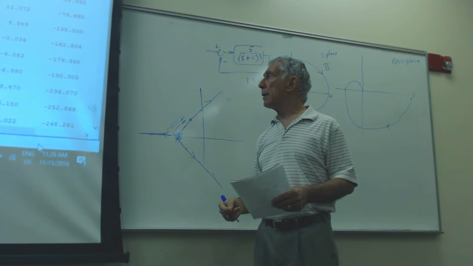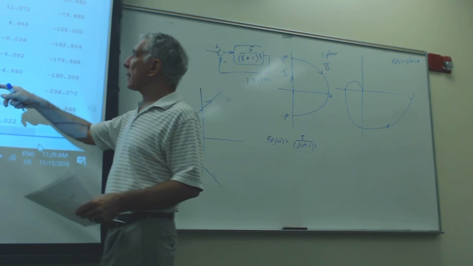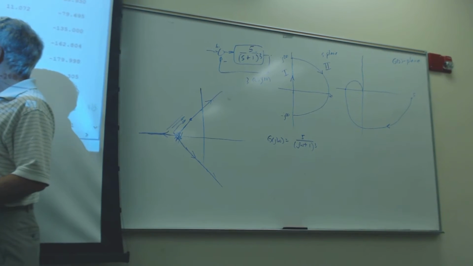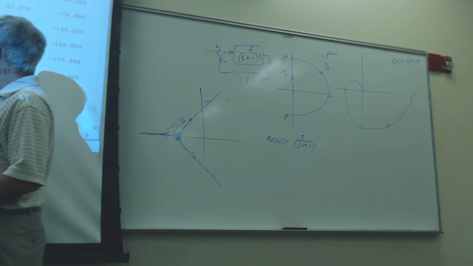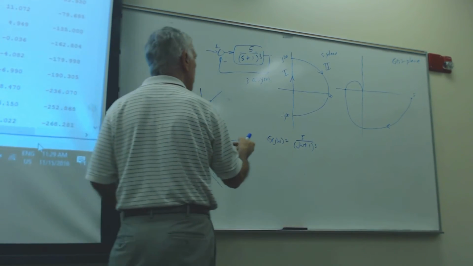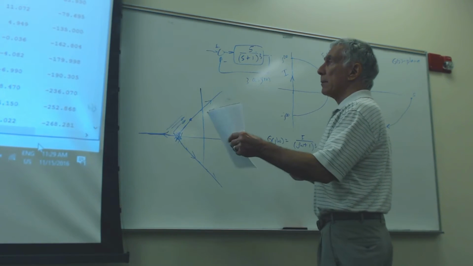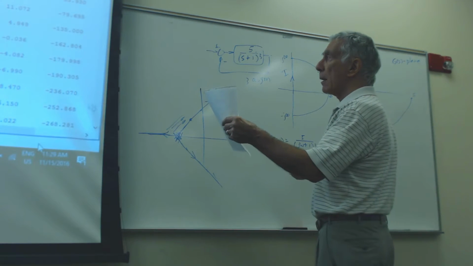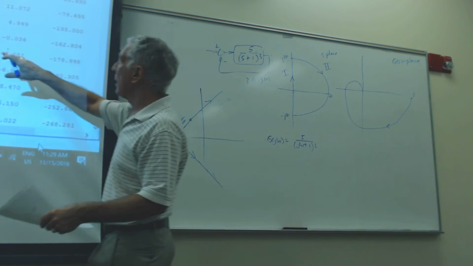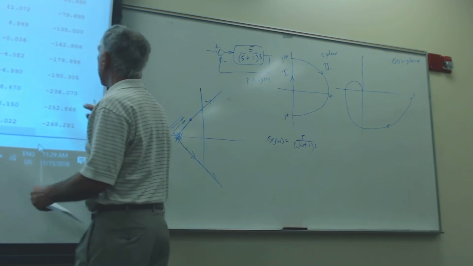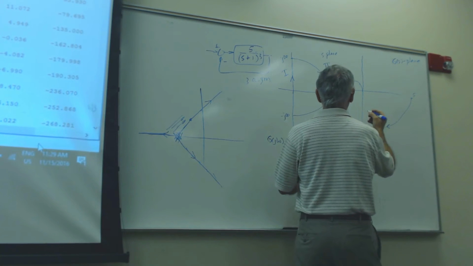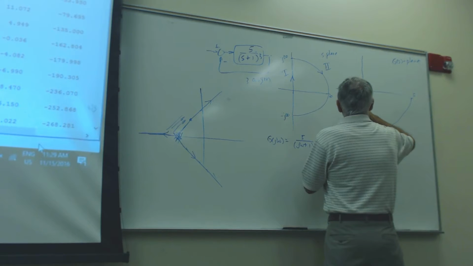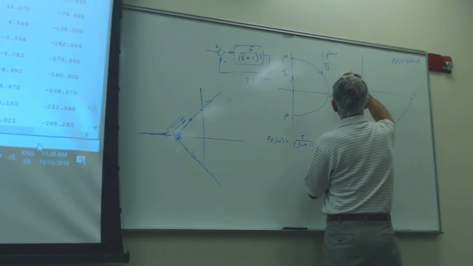Let's take a look at this point here, at that frequency. We already did this one. I want to plot that point. It's essentially 1 at an angle minus 163. Let's say that this is the unit circle.